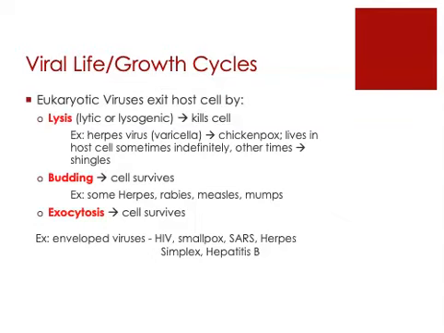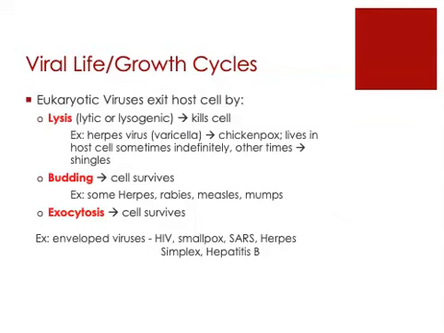So while we haven't talked about eukaryotic cells in any detail, just remember that eukaryotic cells have a wider variety of exit options when it comes to leaving a host cell. Yes, there are lytic eukaryotic viruses, there are lysogenic eukaryotic viruses, but there are also eukaryotic viruses that bud out of host cells. Some of the herpes viruses do that.